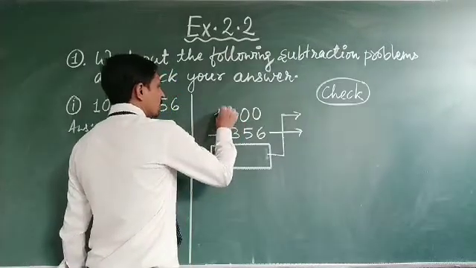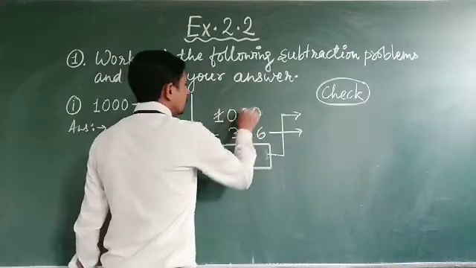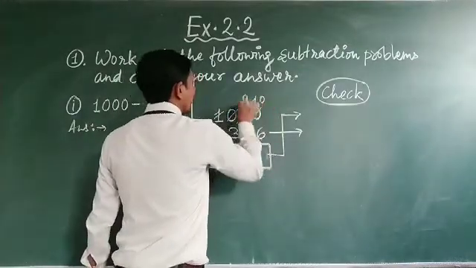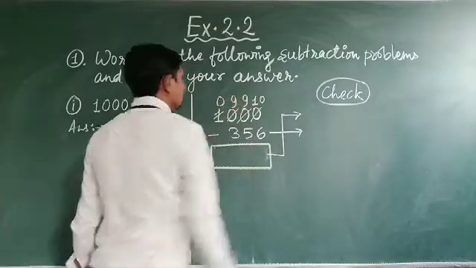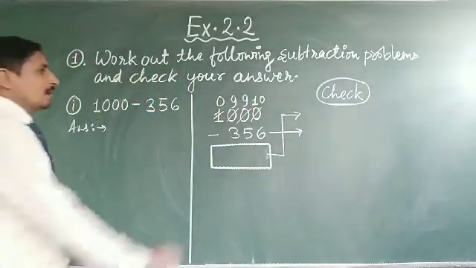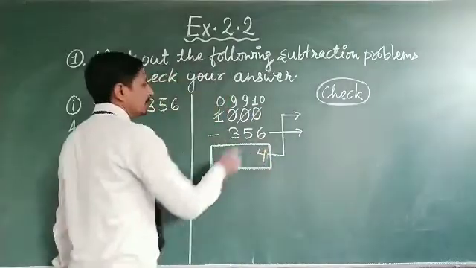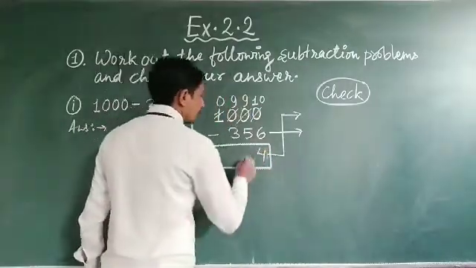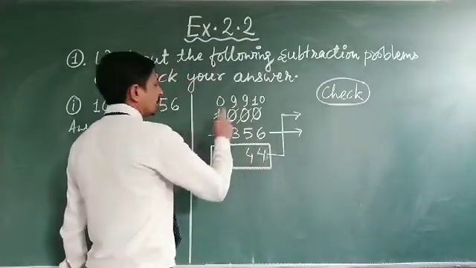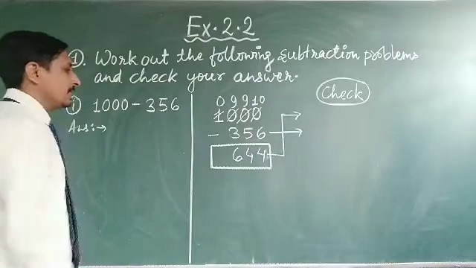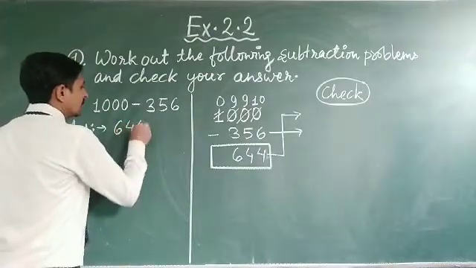So we borrow 1 from here. When we borrow 1 we get 10, 9, 9 and 0. Now when we subtract 6 from 10 we get 4, when we subtract 5 from 9 we get 4, and when we subtract 3 from 9 we get 6. So our answer is 644.